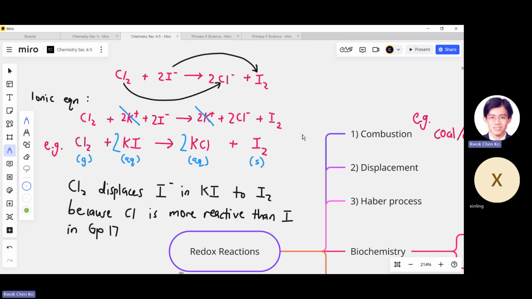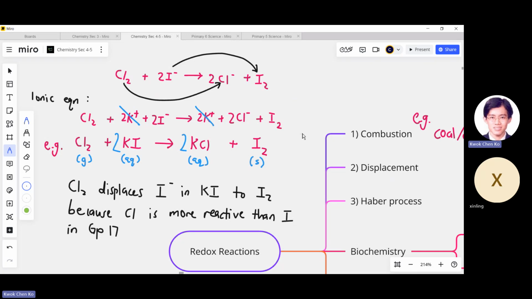Can you look at oxygen? No. Can you look at hydrogen? No, because there's no oxygen, no hydrogen inside. Therefore, you look at electrons. Cl2 to chloride, does it gain or lose electrons? Cl2 becoming chloride. Gain.